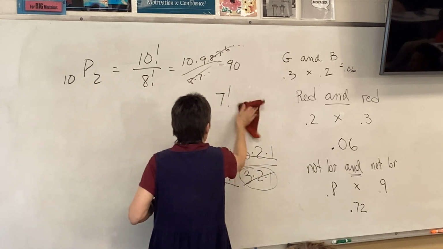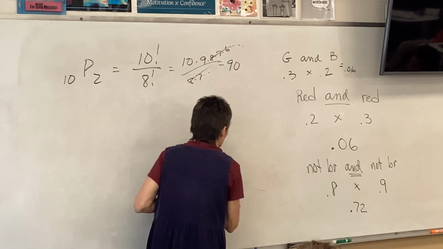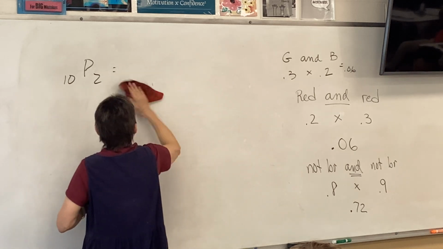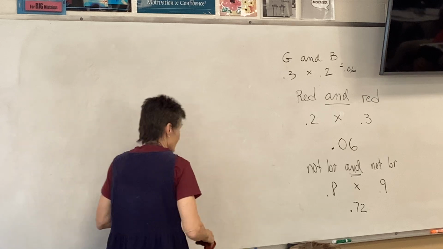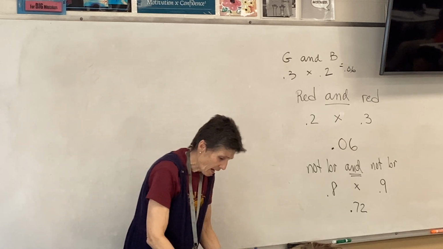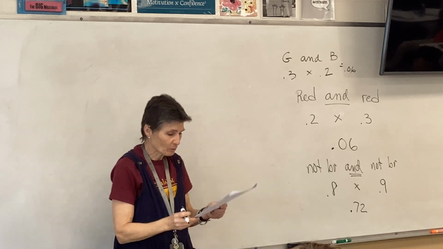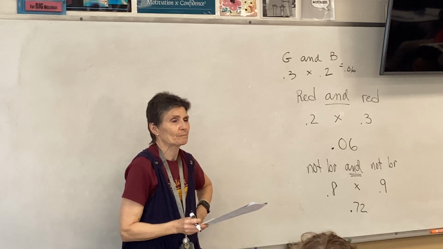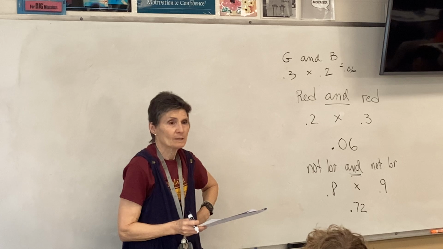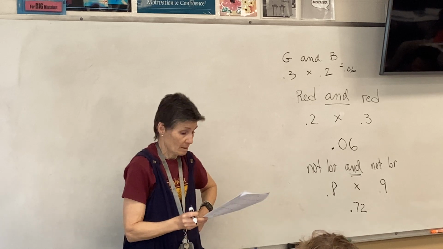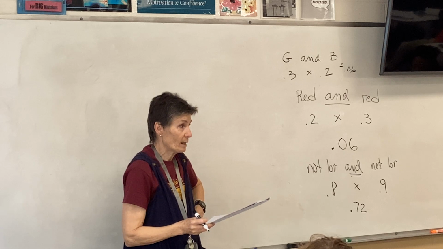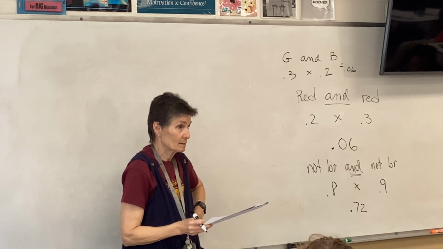All right, let's read the next question. How are E and F different? They both talk about getting a green and a blue. Why are E and F different? Because F says one will be blue and the other one will be green.